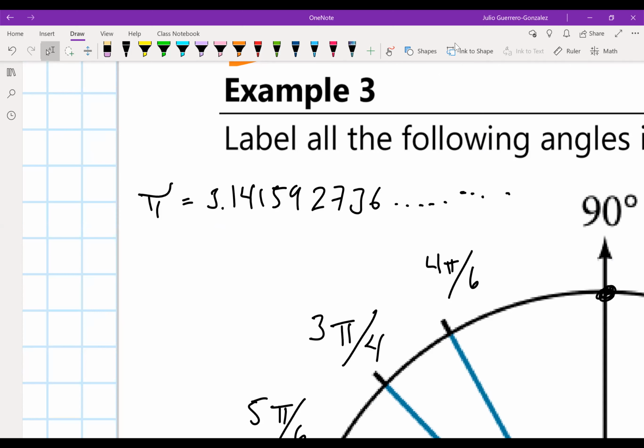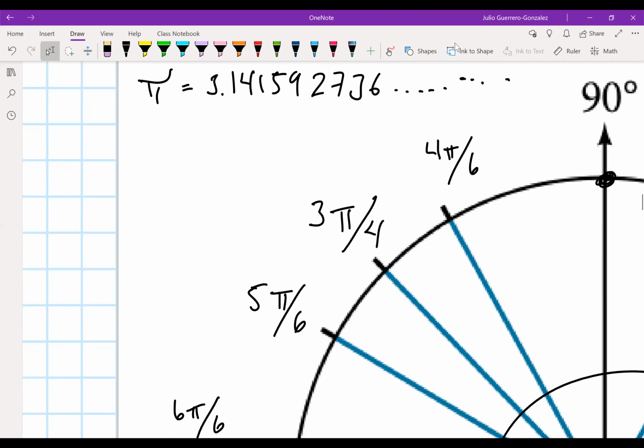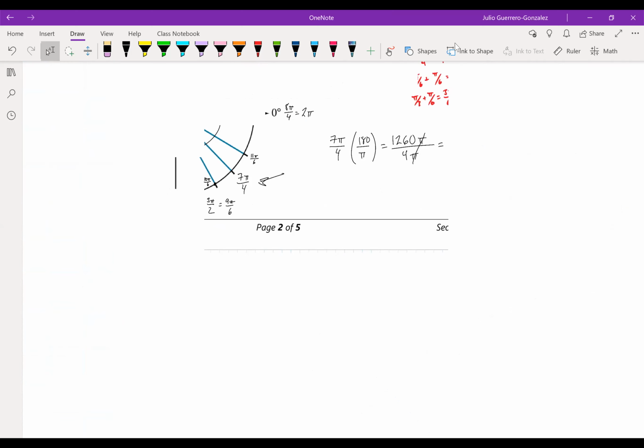So since I got 2.33 for the arc length, let me see. Hold on. 7 divided by 9. I might have done this wrong.